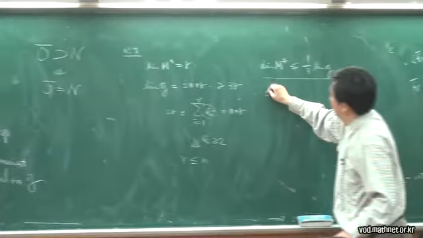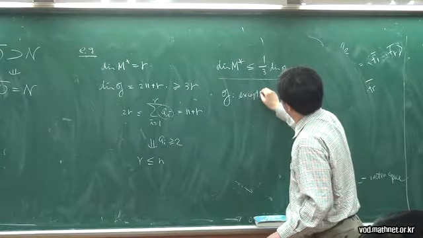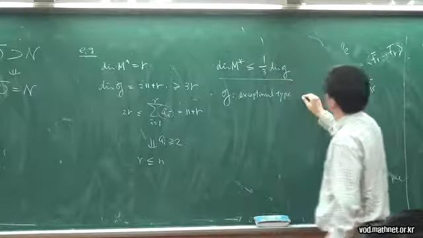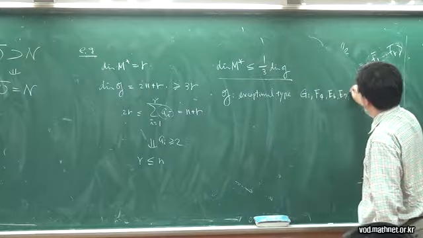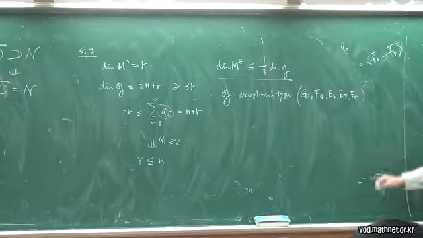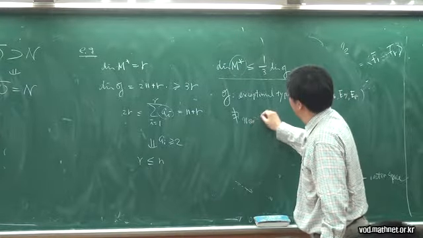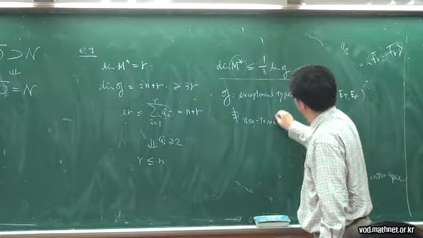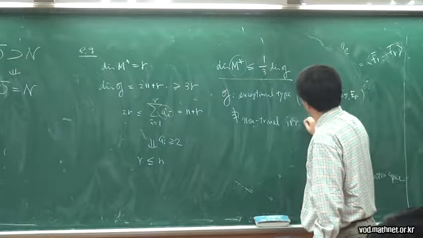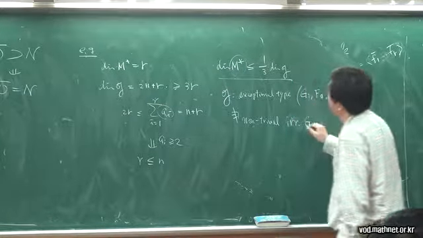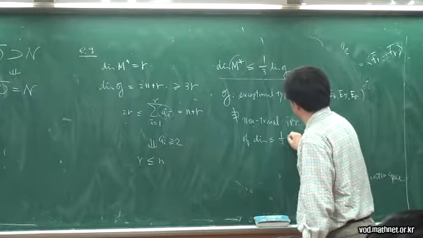But for example, if g is semisimple of exceptional type, for example G2, F4, E6, E7, E8, any of them, then there are no non-trivial irreducible G representations of this dimension.